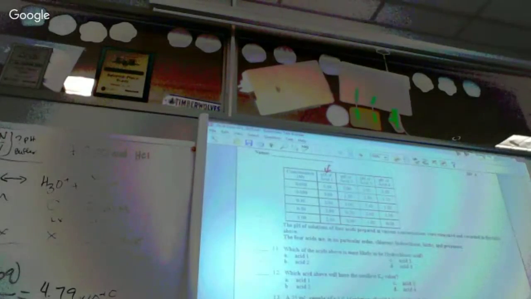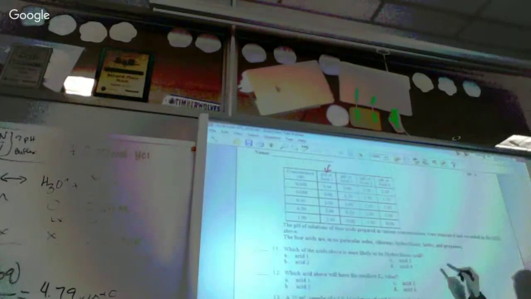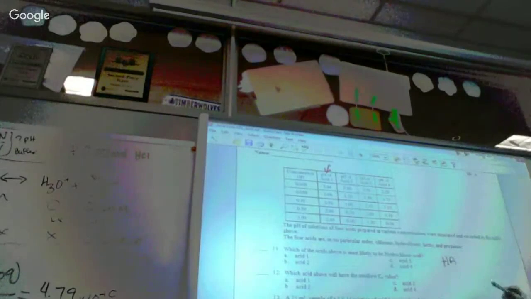It has the highest of our acidic pHs, so it's got to be the weakest acid. So we know that acid 1 is a weak acid. First, we're starting with that. I don't know what acid 1 is, it could be any of them, so I'm just going to use HA to represent that it has some amount of acid in it. But we know it's weak.